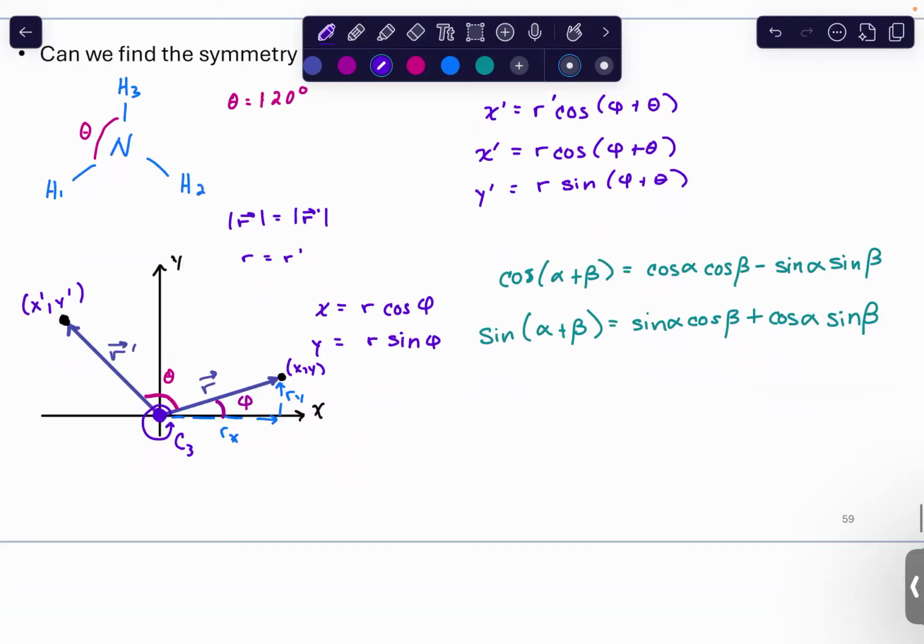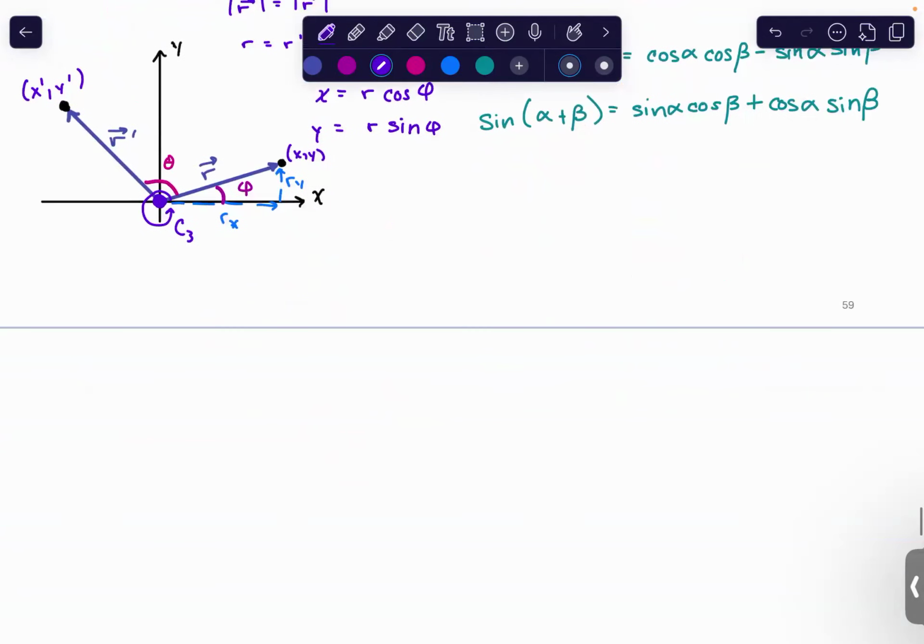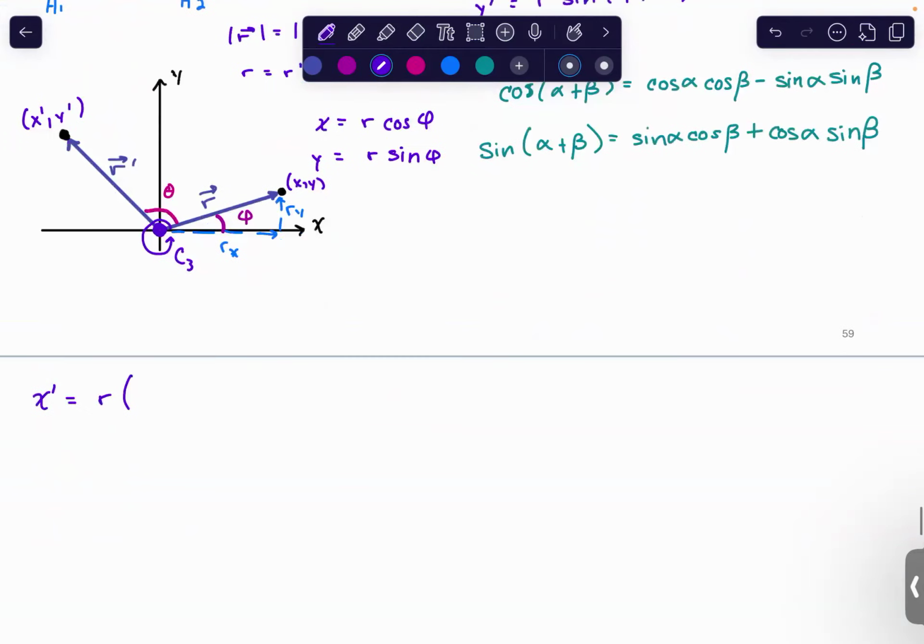So for our X prime, I'm going to skip a step because once you work this out, both of those will have a multiplier of R. I'm just going to put R out front, and then fill in what cosine of phi plus theta is. So that's going to be cosine of phi cosine of theta minus sine of phi sine of theta.